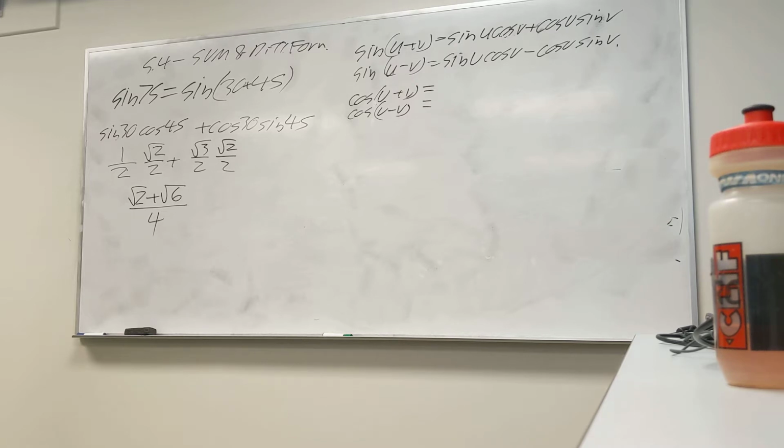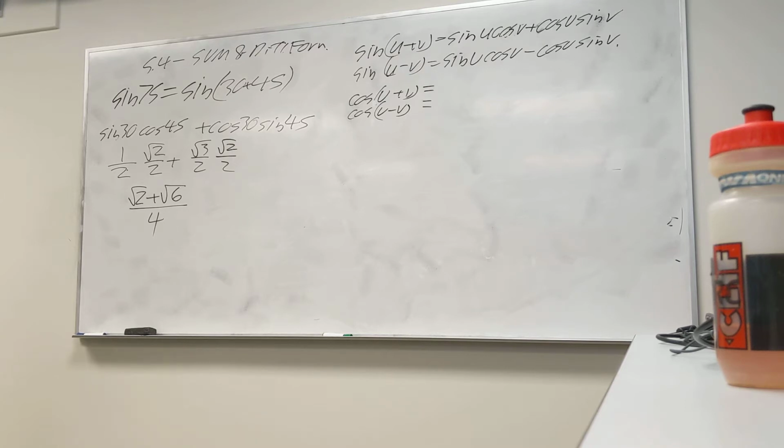Isn't that what we got last time? Last time was negative. So that one was negative. But if you're using 30 and 45, you're going to get very similar looking answers.